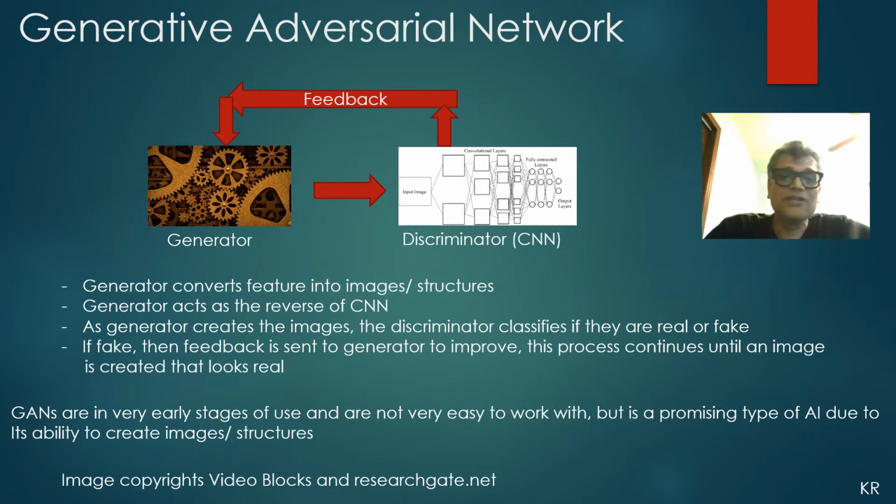Now, this is a very interesting concept because there is a generating algorithm in this generative adversarial network that takes features and converts them into images, and the images are fed to a discriminator. The discriminator is nothing but a simple convolutional neural network that we spoke about, which takes an image, converts it back into the features, and then determines what the image is.